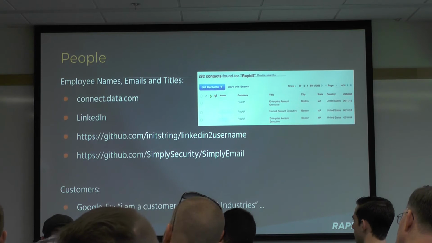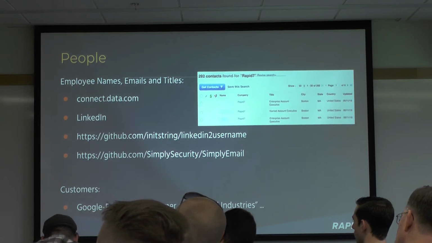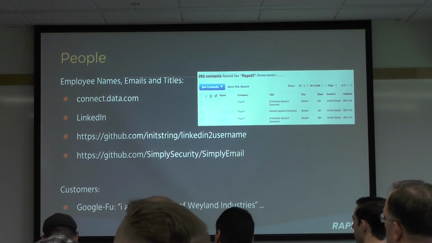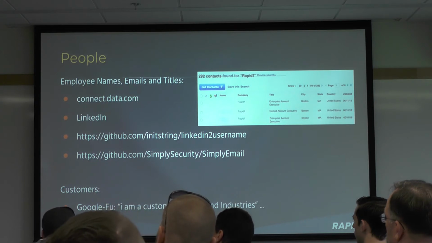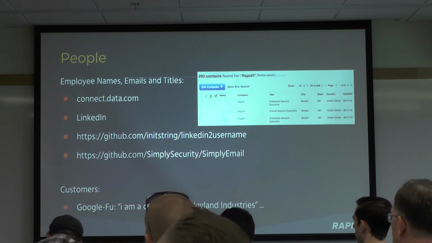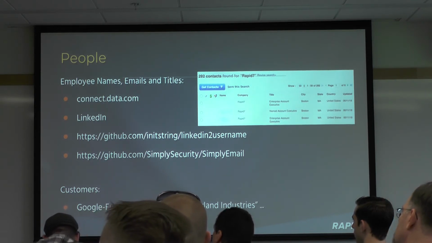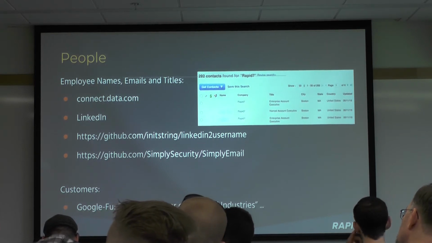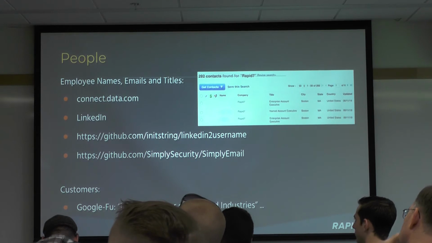So I was like, how would I know who is a customer? So I just did some Googling. I'm a customer of Wayland Industries or Wayland Insurance, or I've used Wayland Industries, or I have tried Wayland Industries, and I was going through the motions, seeing if anything interesting pops up.